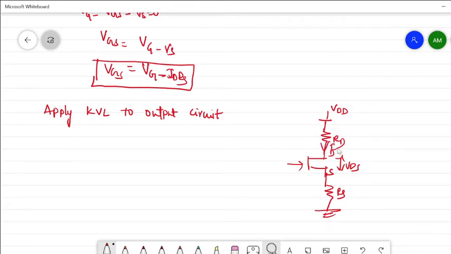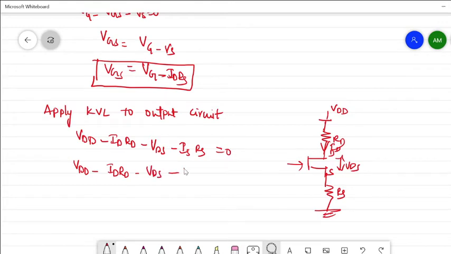So VDD minus the voltage across RD, which is ID RD, minus the voltage between drain and source, VDS, minus the voltage across the source resistor, IS into RS. Already we know IS is equal to ID. So VDD minus ID RD minus VDS minus ID into RS is equal to 0.